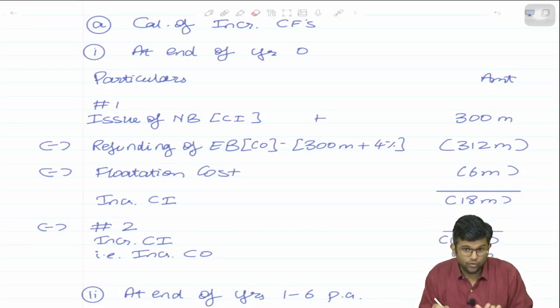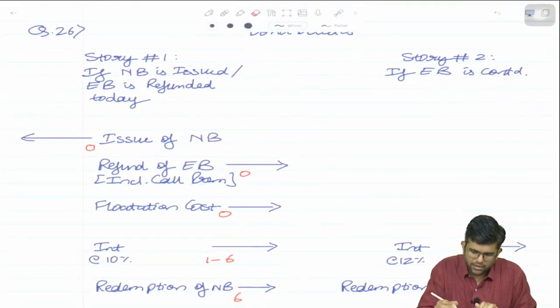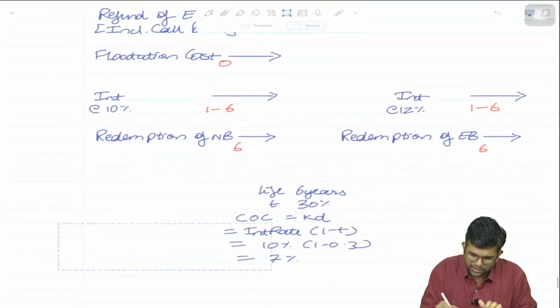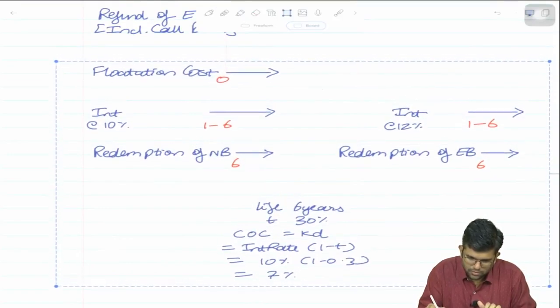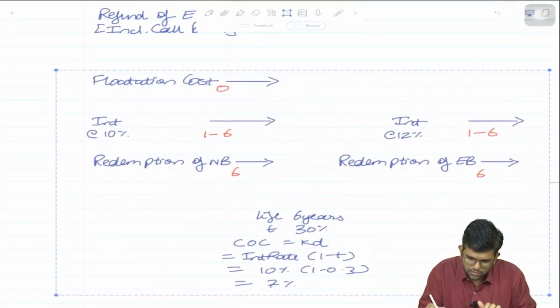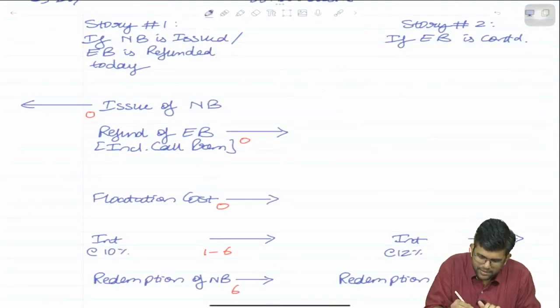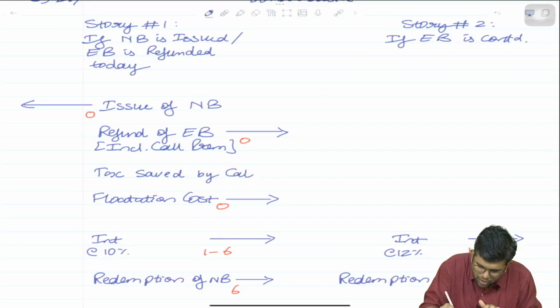So therefore, I will come back here and I will pull this whole thing down and I will write here: tax saved by call premium.